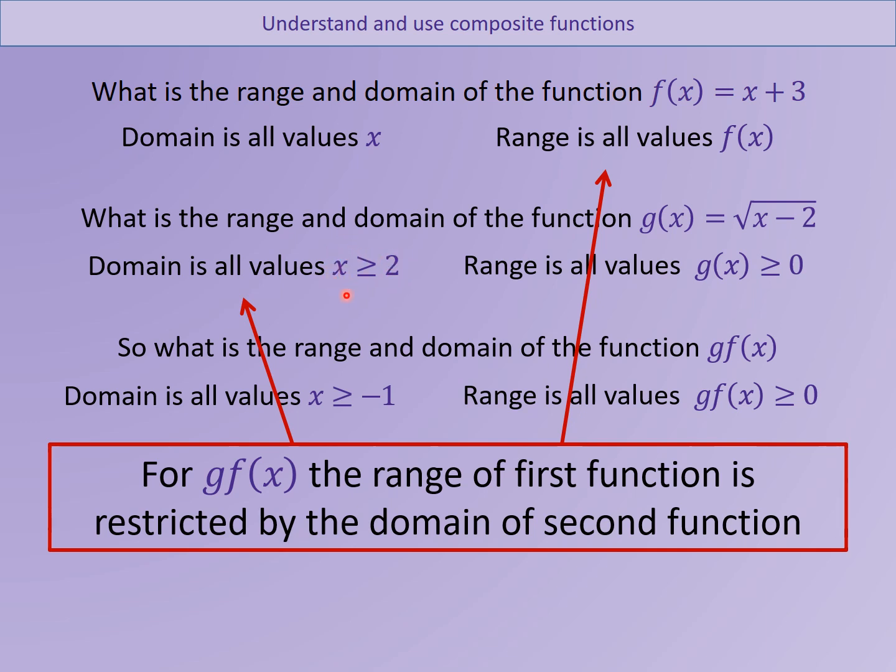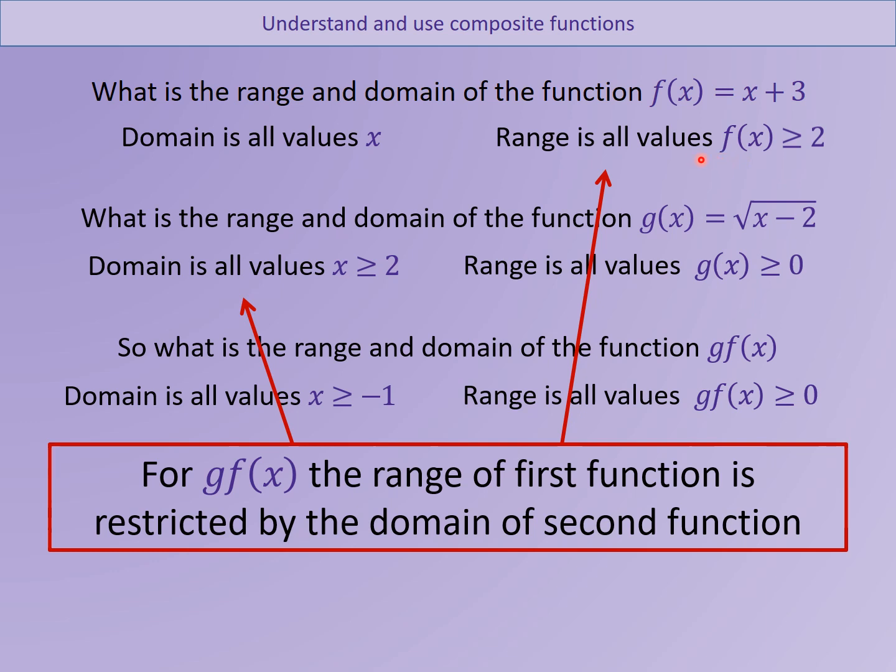This restriction of x is greater than 2 for the domain of the second function comes from the range of the first function. So if the domain of the second function is x is greater than 2, that means that this greater than 2 restricts the original range.